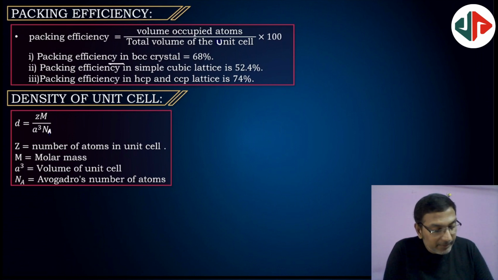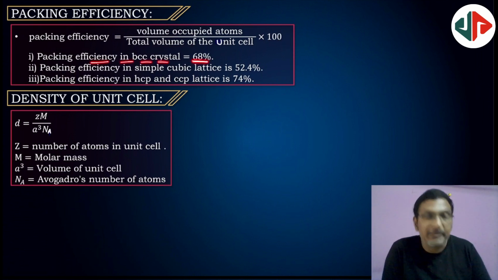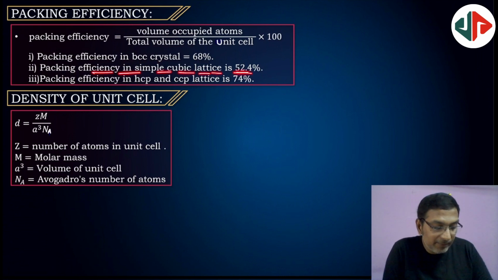In case of BCC, body centered cubic, packing efficiency is 68%. Remember these values. Packing efficiency in simple cubic or primitive cell is 52.4. Packing efficiency in HCP or CCP is 74.